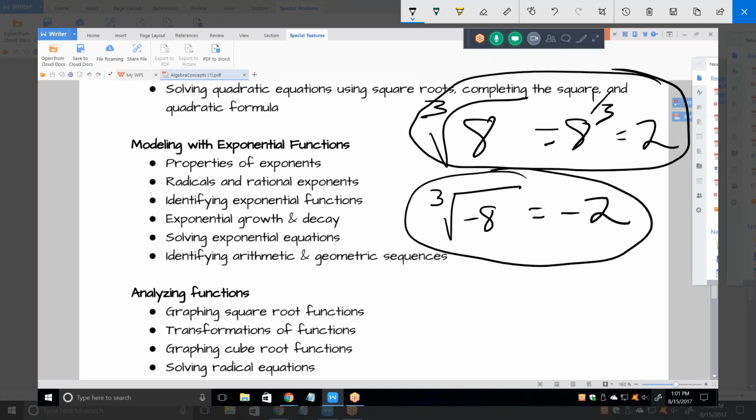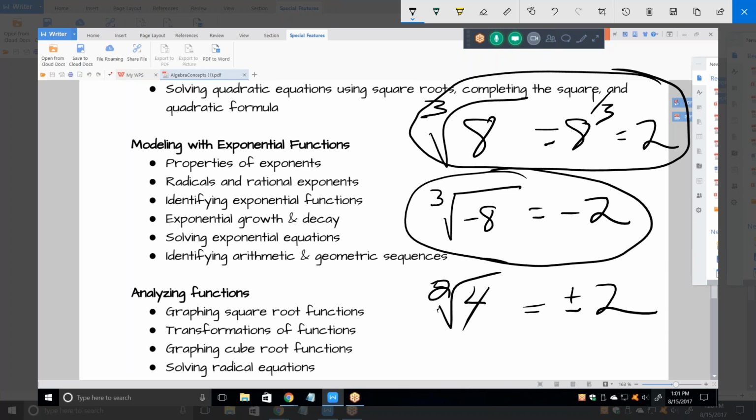However, I'm reluctant to write this way because I don't want to confuse you, but I'm going to anyway. If I take the square root of 4, it's actually plus or minus 2. Because +2 times +2 is equal to 4, and -2 times -2 is equal to 4.